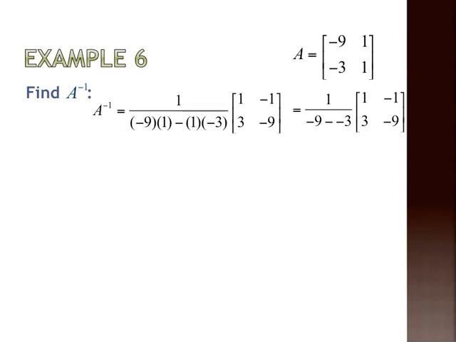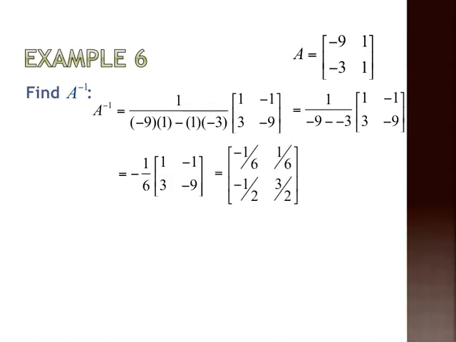So we have negative 9 minus negative 3 is equal to negative 6. So we have 1 over negative 6, or just simply negative 1/6. And then now we're multiplying a matrix by a scalar. So that's going to be negative 1/6, positive 1/6, negative 1/2, and 3/2.